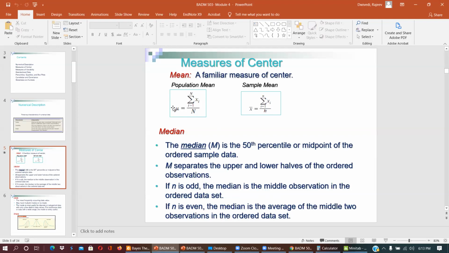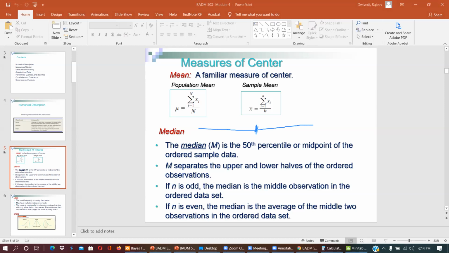What is median? Median is the 50th percentile. If you have data, you arrange the data in order. It has to be arranged in order. And the exact center point where you chop the data into two pieces, this point is called median.